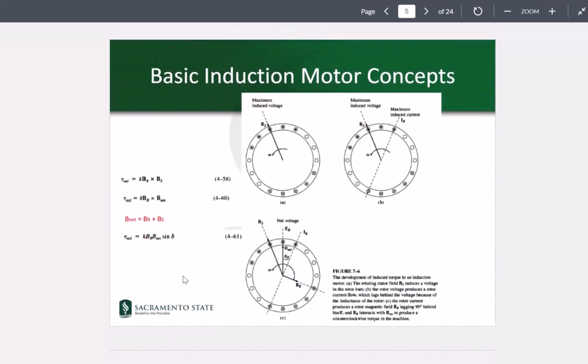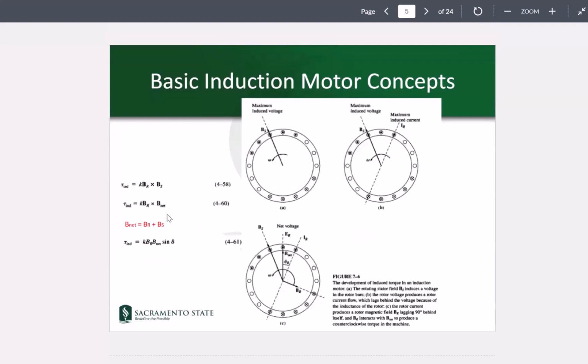So let's look at it in here. On part A of this figure, we have a rotating stator field, BS, which is rotating with this speed omega, while meeting the rotor bars. It induces a voltage in them.